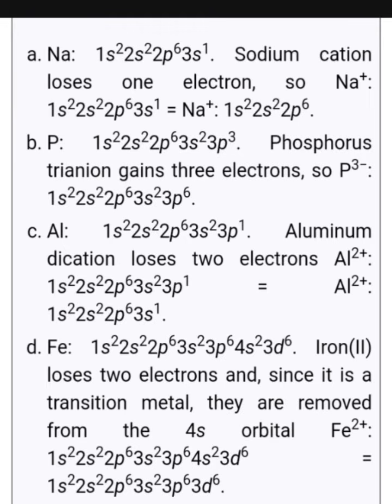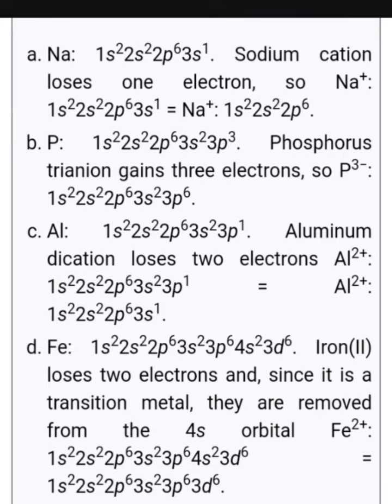Now let's go to the last one, Fe, which is iron. For the normal iron, you're going to have 1s2, 2s2, 2p6, 3s2, 3p6, 4s2, 3d6. Now for the iron 2 ion, which is Fe2 plus, we lose 2 electrons.